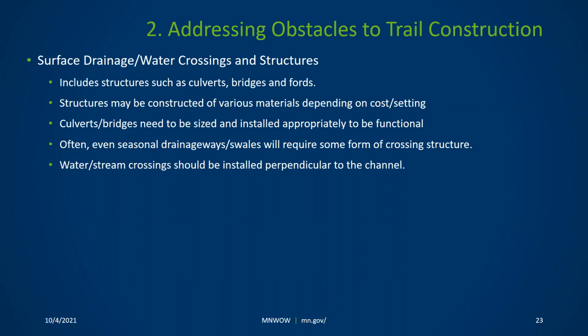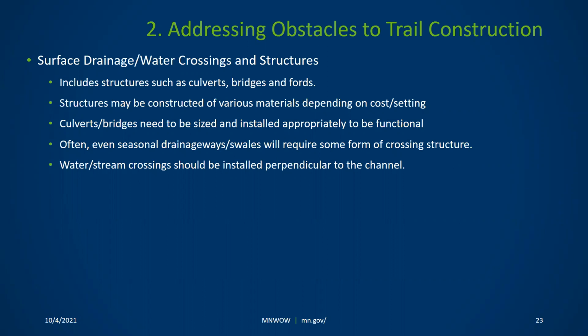Often even what appears to be a dry drainage way most of the year, seasonal swales, will need some kind of crossing. I've got a few examples of wooden crossing structures that I like to install a little more than conventional culverts. You need to make sure that your culverts are at suitable capacity, that they will pass almost a 1 in 50 or 1 in 100 year event.